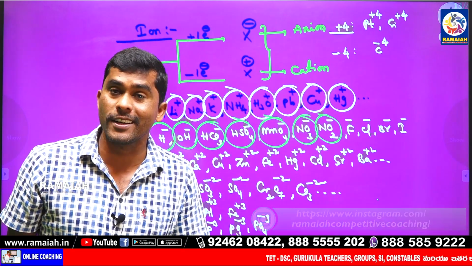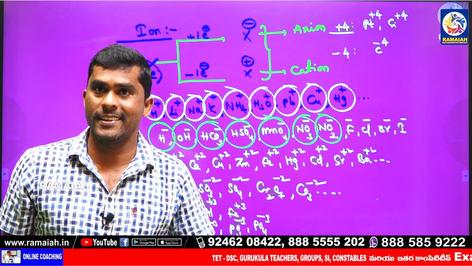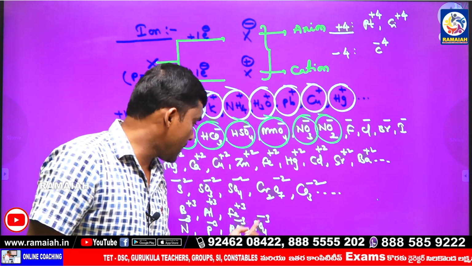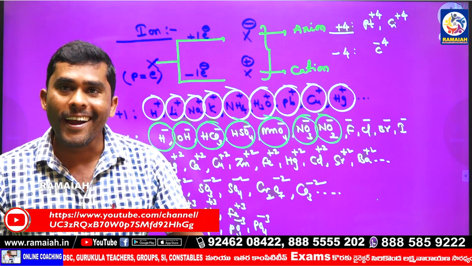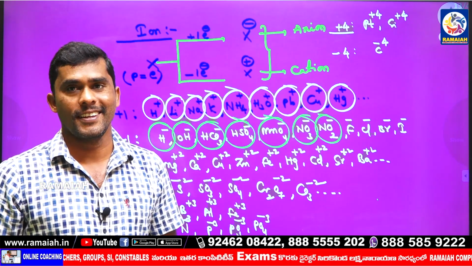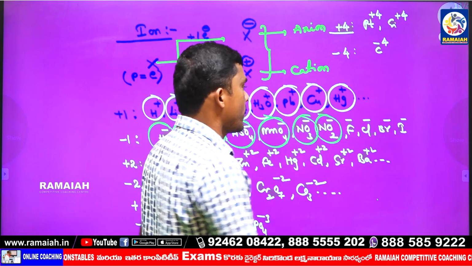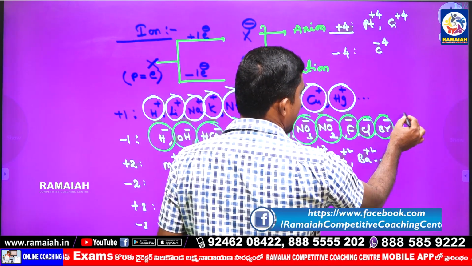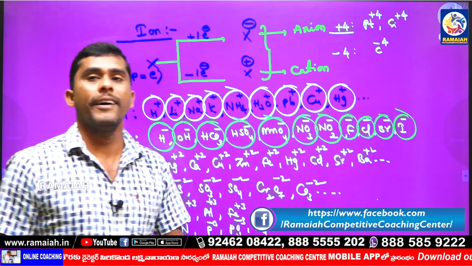NO2 minus is called nitrite. NO3 minus is called nitrate. N minus 3 is called nitride. Okay. So F minus, fluoride, chloride, bromide, and iodide.